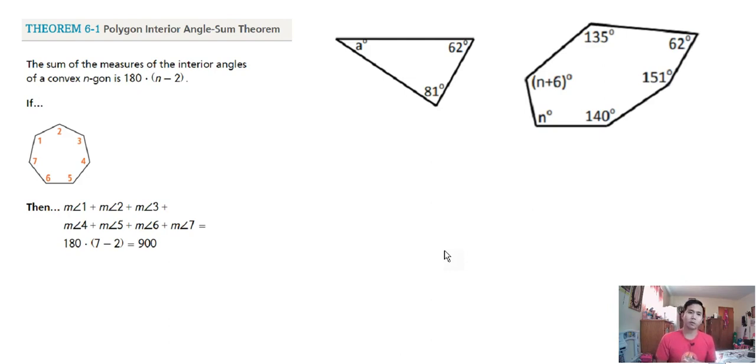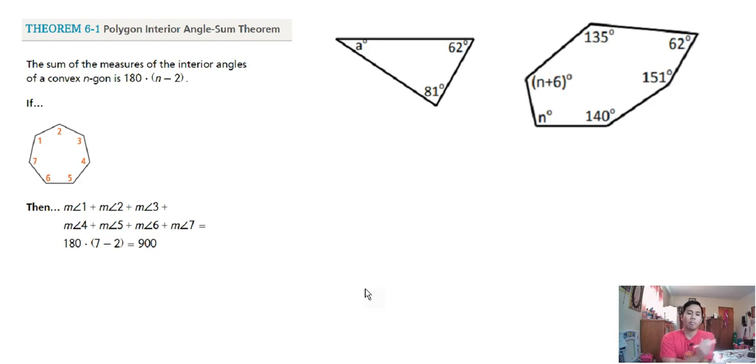So let's jump into our first theorem, which is theorem 6-1, the polygon interior angle sum theorem. This theorem says that the sum of the measures of the interior angles of a convex n-gon is 180 times n minus 2.